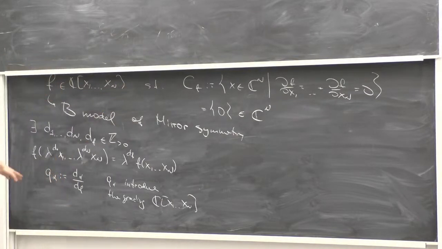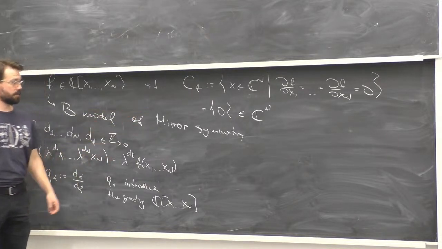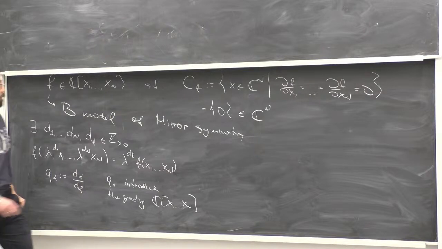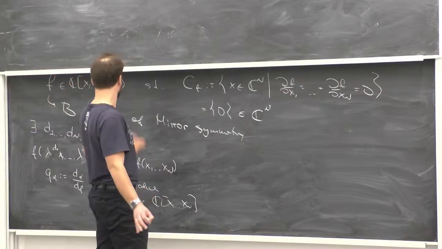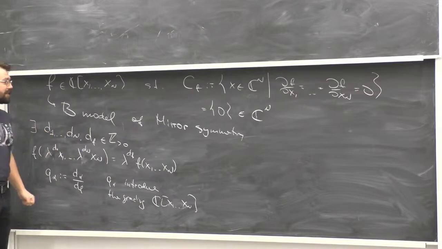But if you assume the function to be quasi-homogeneous, then you have just one singular point, zero. Ah, df is positive, okay. It's just a constant.